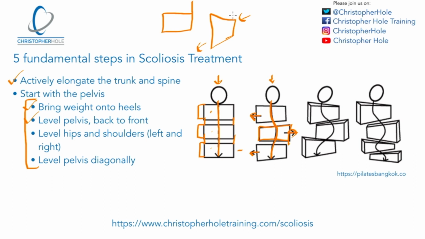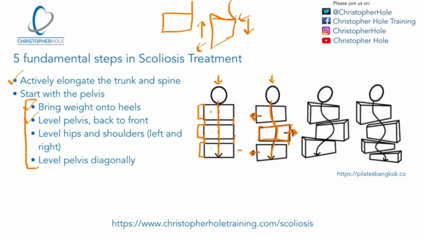Now, what this would encourage would be a more lordotic posture, so an extended or a hyperextended lumbar spine, because the pelvis is dropping down. So what we want to be able to do is pull the pelvis, or the back of the pelvis, down and the front of the pelvis up.